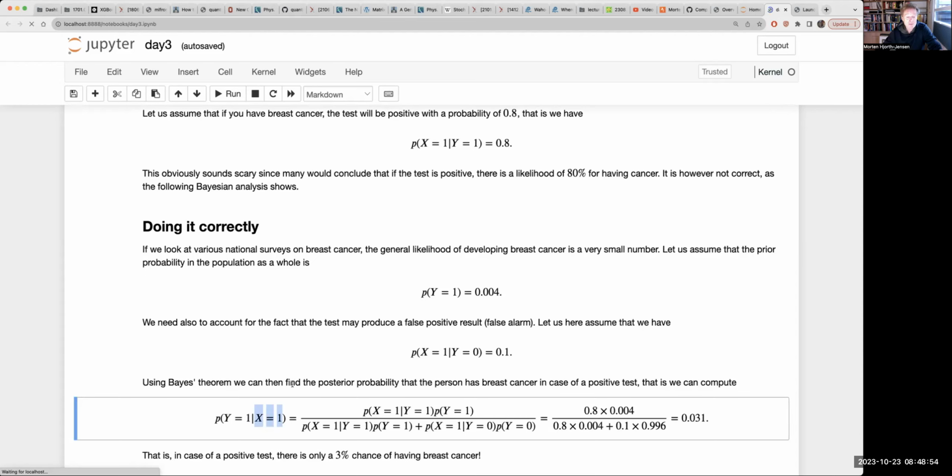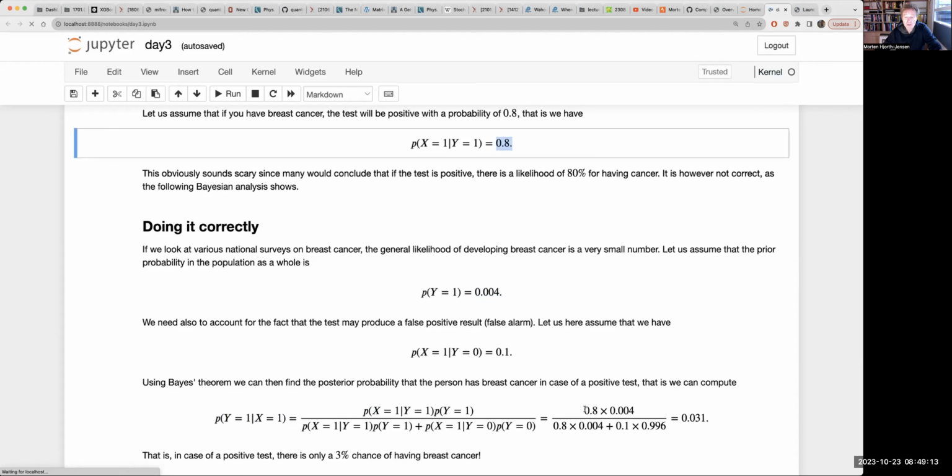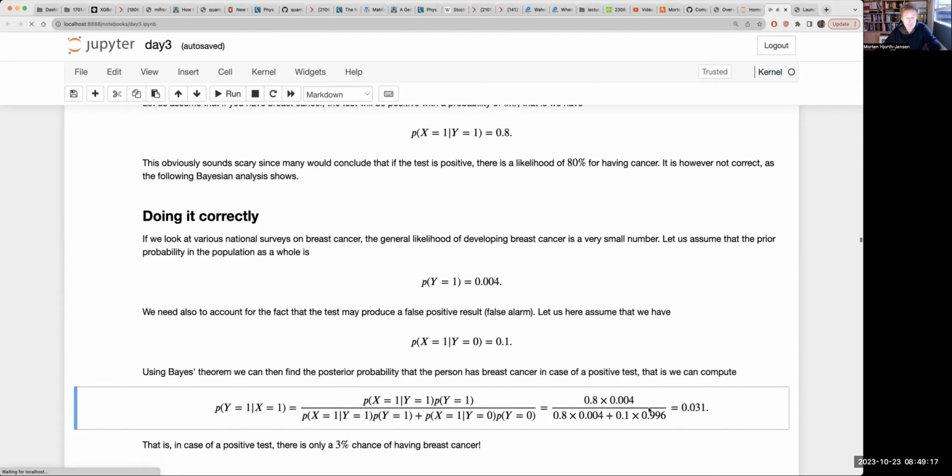So we need then to use Bayes' theorem in the sense that we have x equal to 1 and y of i equal to 1 multiplied with y of i equal to 1, which is this number 0.04. So we have now said that this is given by 0.8 here. So in the numerator, we have 0.8 times 0.04.